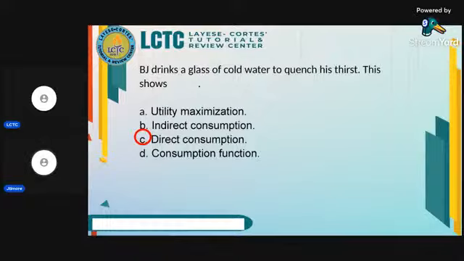That's direct consumption. When we talk about consumption function, dear teachers, take note, consumption function is the relationship between disposable income and consumption. What is disposable income?